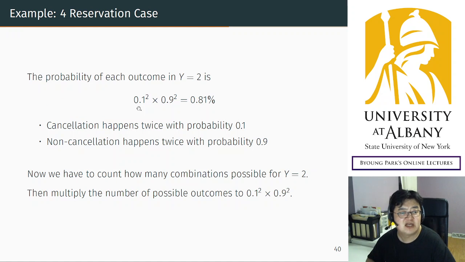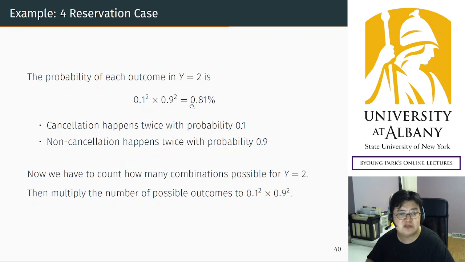And then the last part, the probability of a single outcome, can be calculated easily. So multiply the probability of success two times and the probability of failure two times, right? So 0.1 should be multiplied twice and 0.9 multiplied twice.